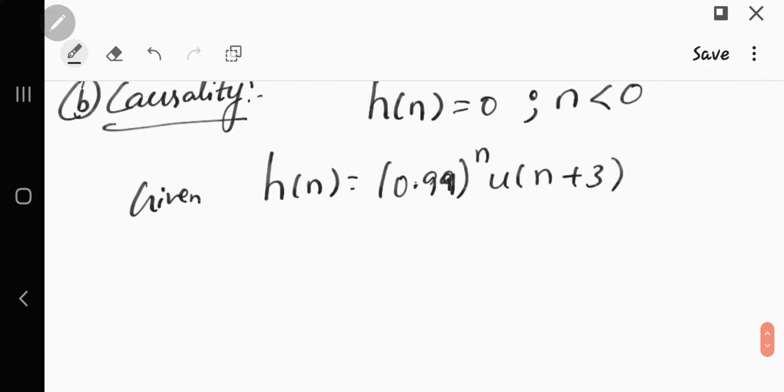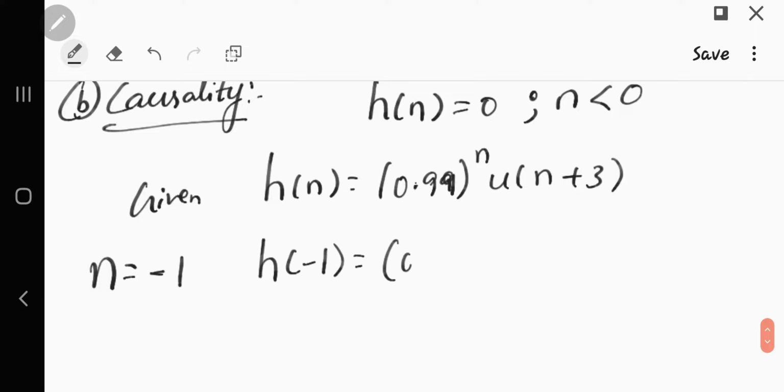Now if I put n is equal to minus 1, so h of minus 1 is equal to 0.99 to the power of minus 1 u of minus 1 plus 3.